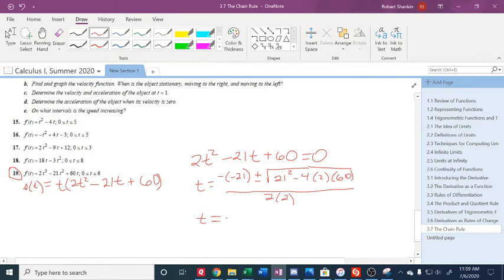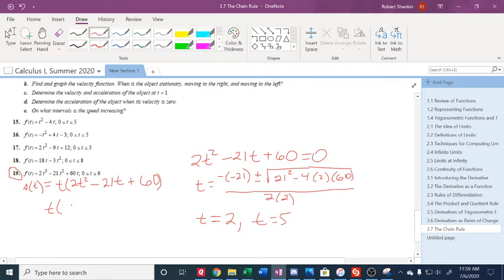I got 2 and 5. Now, if they're whole numbers like that, then this should have factored. That's a nice way to check it.